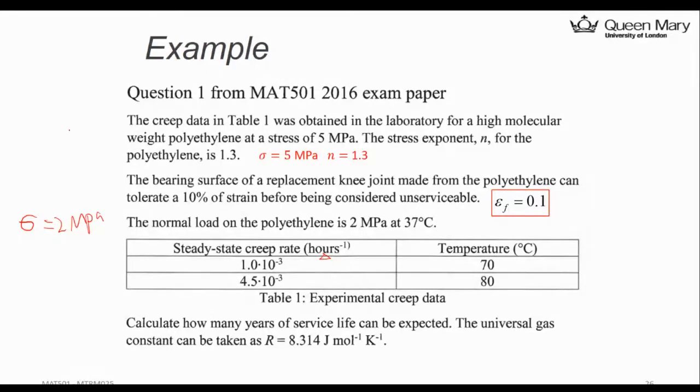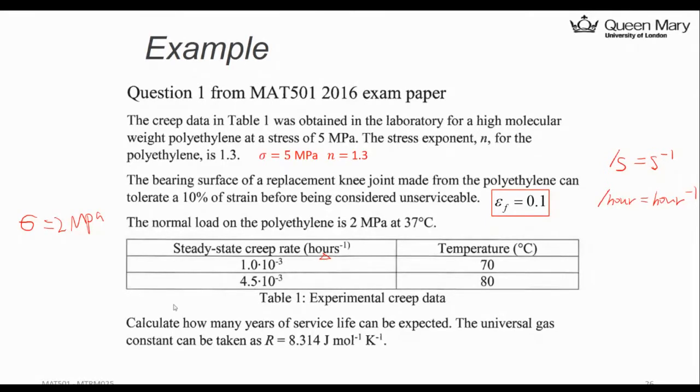Normally strain rate has the unit per second, or second to the minus 1, but for creep strain rates we normally write per hour, hour to the minus 1. So be careful when doing the calculation. Someone made a mistake in the coursework as well.